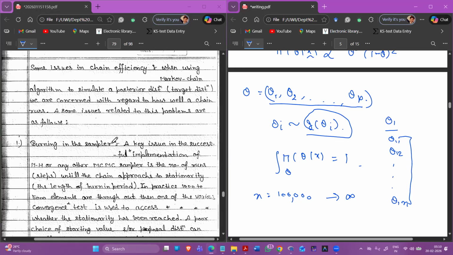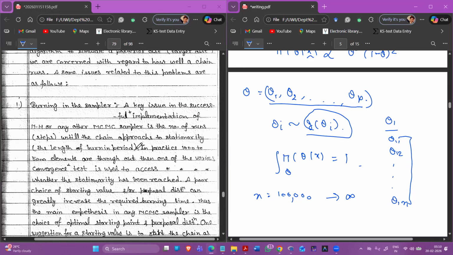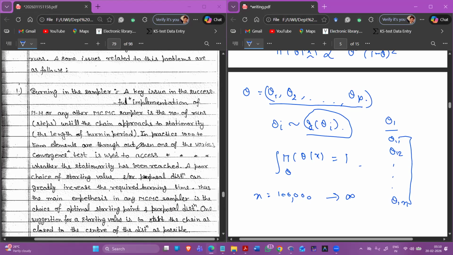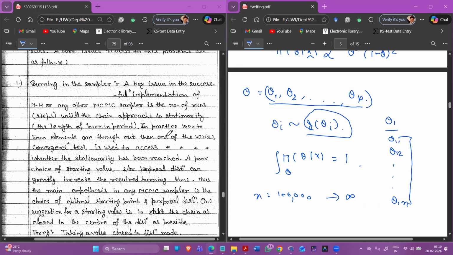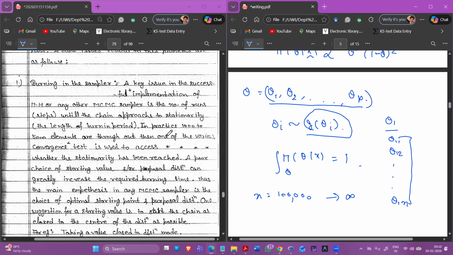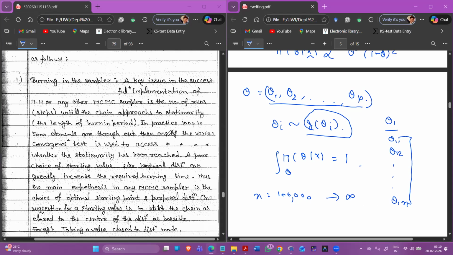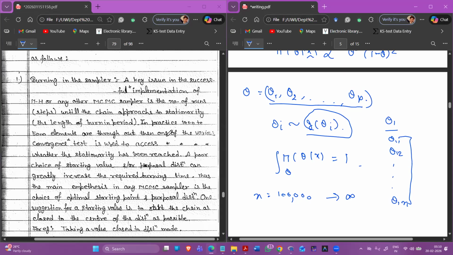In that, the key issue in the successful implementation of the MH or any other MCMC sampler is the number of runs until the chain approaches stationarity, the length of the burn-in period. All right. Do you understand stationarity? Do you understand the meaning of stationarity?